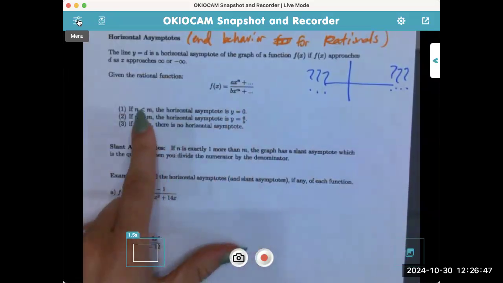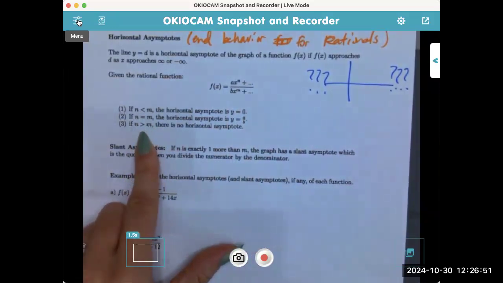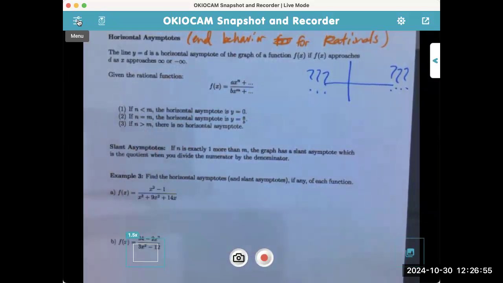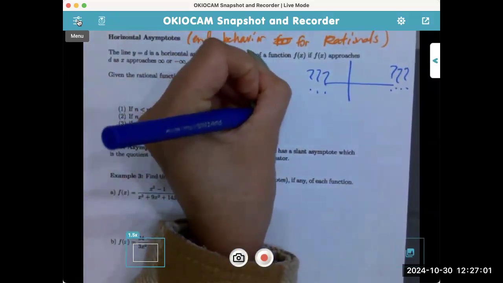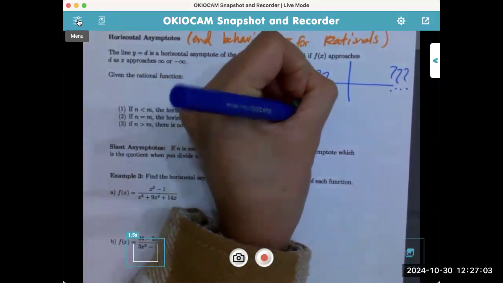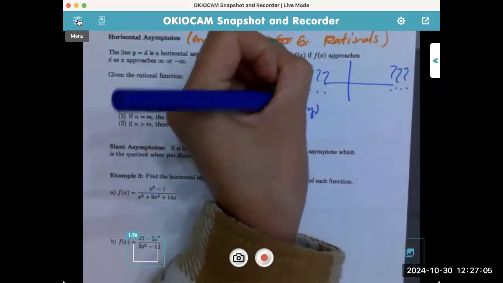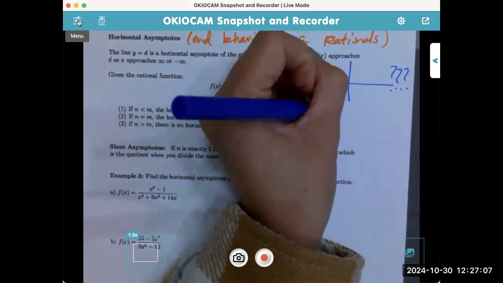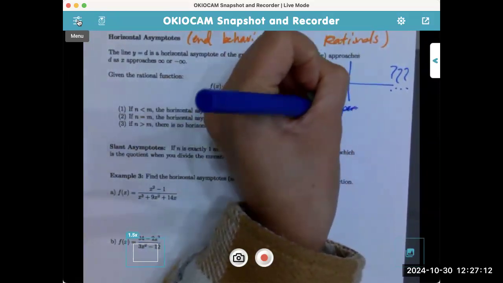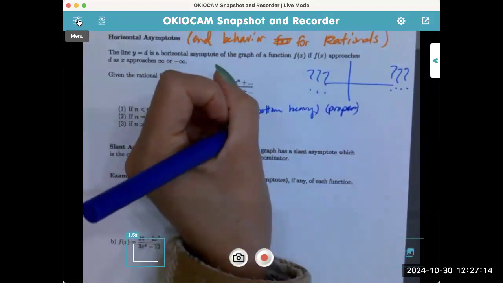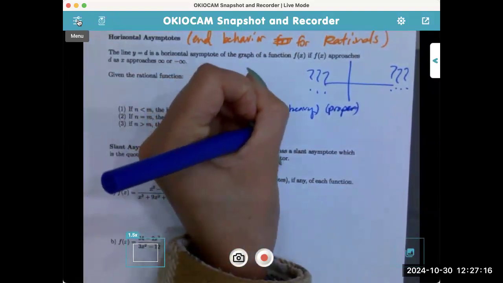We have if you are top heavy or bottom heavy, or if they're equal. Here I call this bottom heavy. It is also what we call a proper fraction. These are both improper.